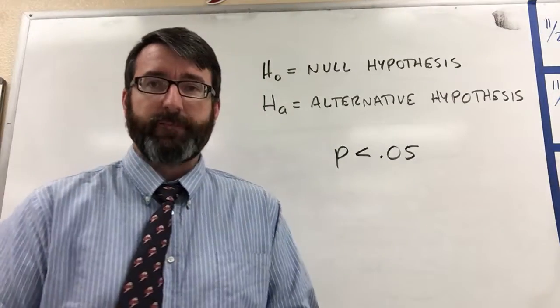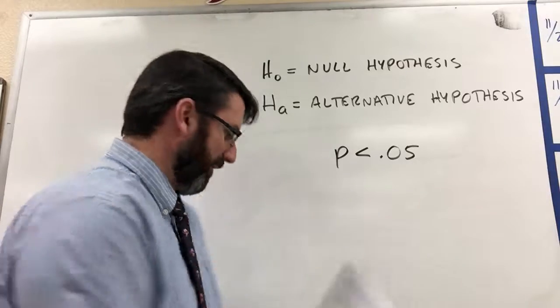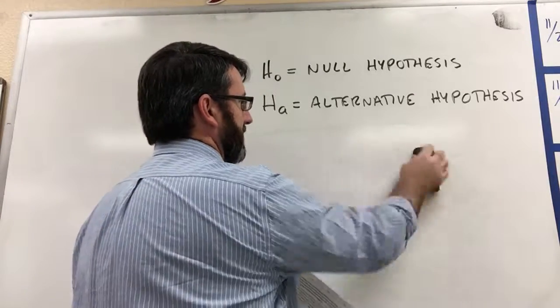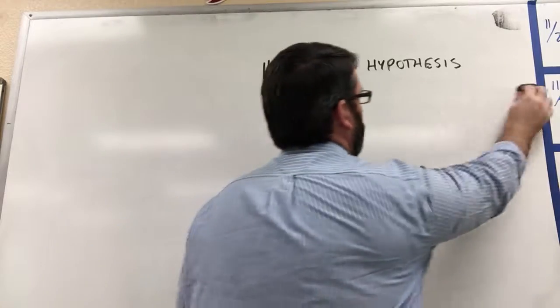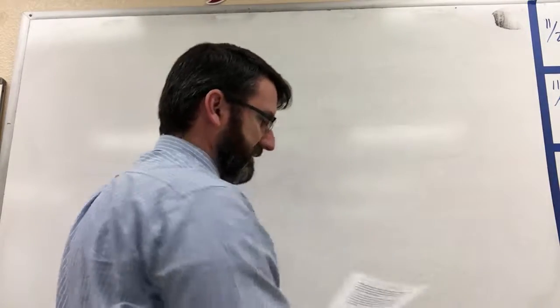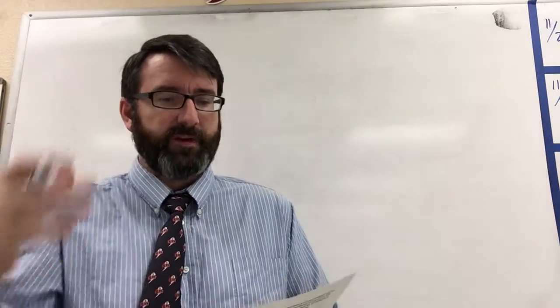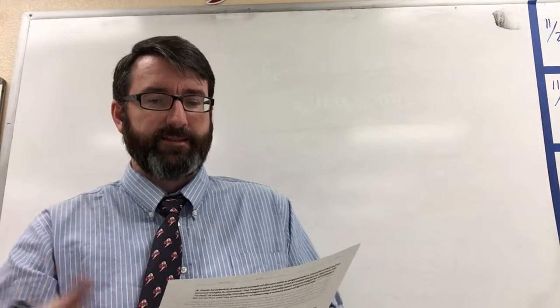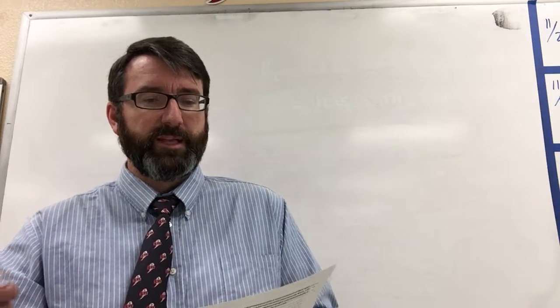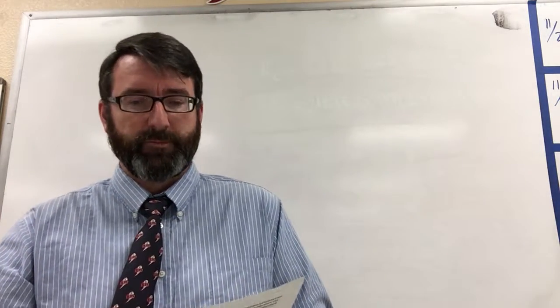And let me do number one with you, and then I will let you do the rest of these. All right, number one says, well, first of all, it says that the following exercises describe the results of a hypothesis test in terms of the probability of obtaining a particular sample.